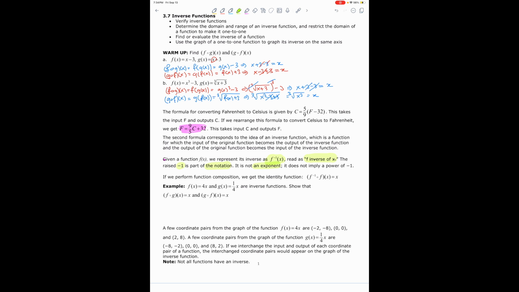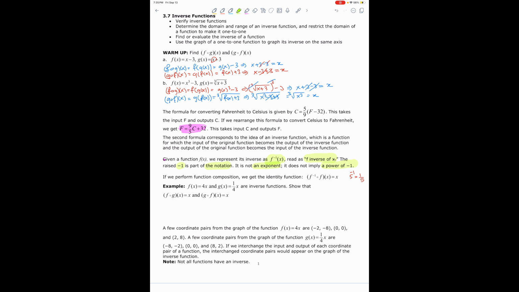So you should not think that it is a power of -1. We know that 5 to the -1 is basically 1/5. This isn't the same. This is just the notation for the inverse. It does not imply a negative power, and I can't emphasize that enough.